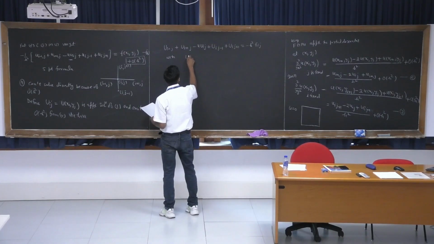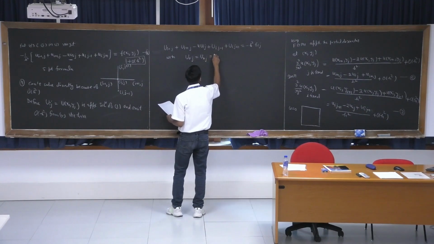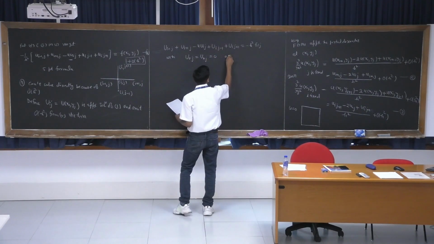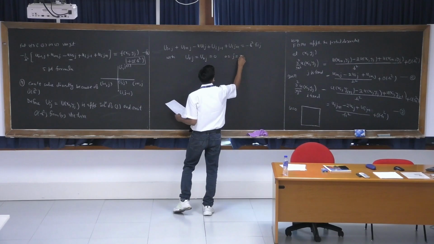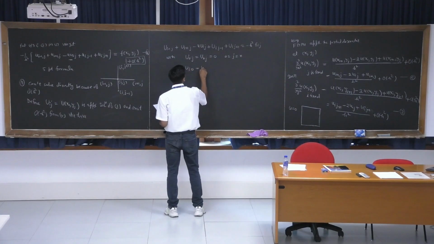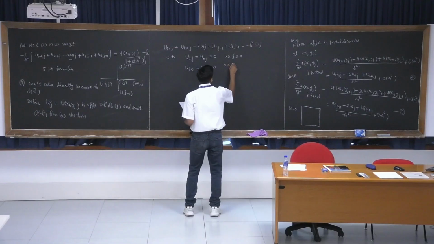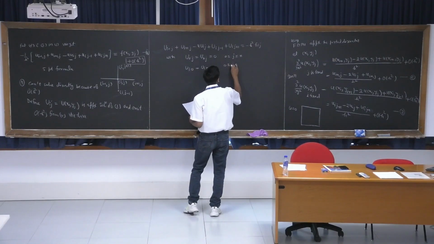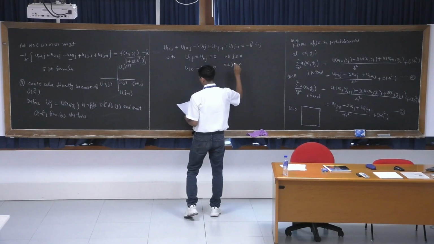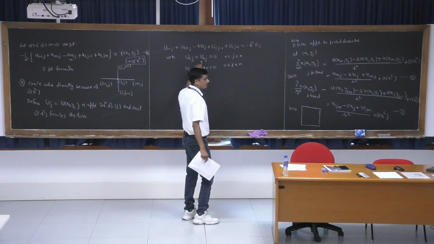You can say U0j is equal to Unj is equal to 0 for all j, and Ui0 is equal to Uin is equal to 0 for all i. This one. Okay, because these are the boundary conditions.